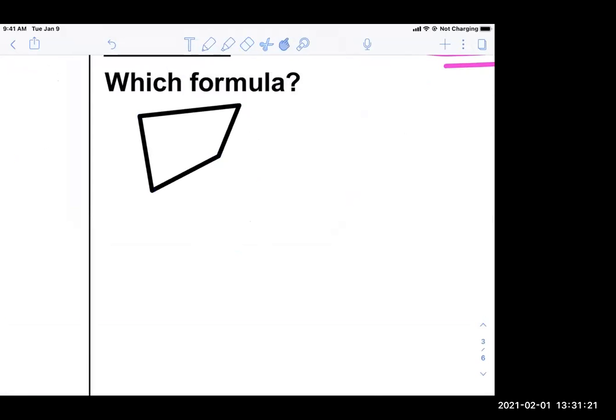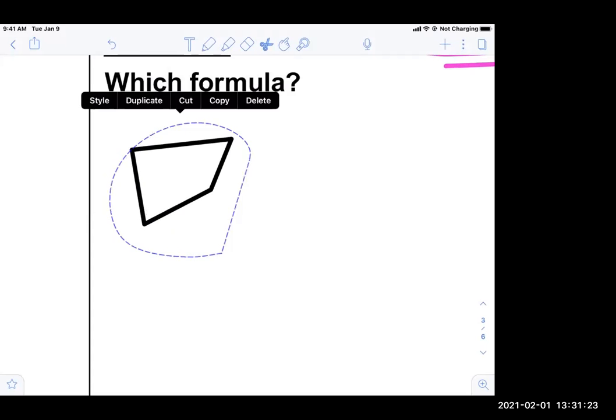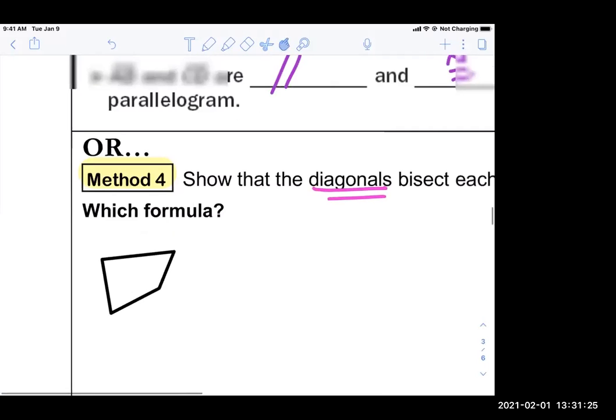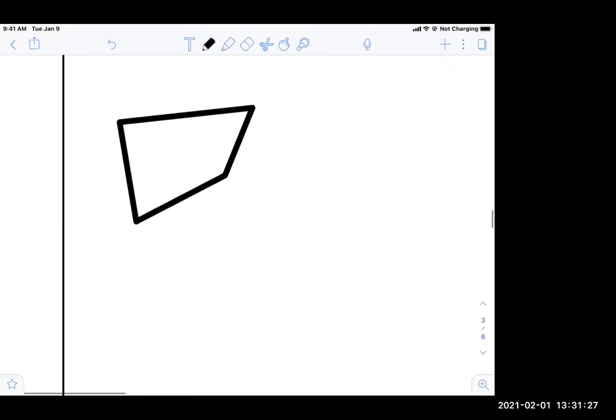If you don't have a graph to look at, if you just know you have a quadrilateral, how do you name it? If it's ABCD, let's say I put A here and I put B here. Where does C go? Bottom right. Right, it's got to go in order.